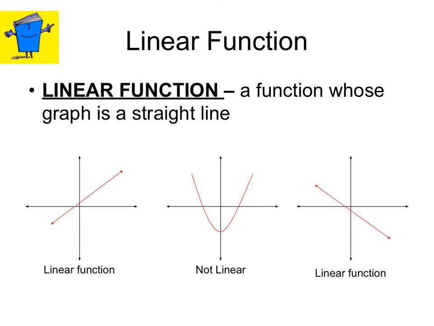Okay, everything that we have graphed so far is called a linear function. What that means is that we are graphing a function whose graph is a straight line. So this is an example of a linear function, and this is an example of a linear function. And both of the examples we've done so far are straight lines.